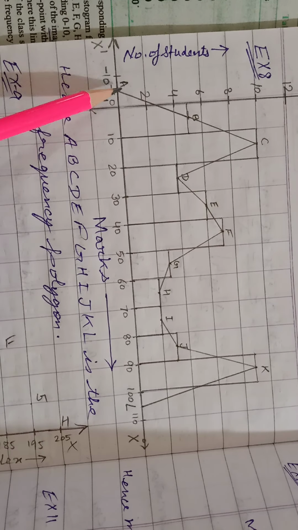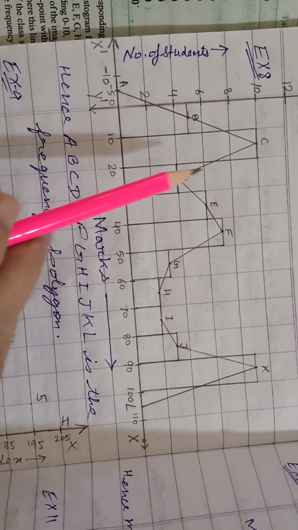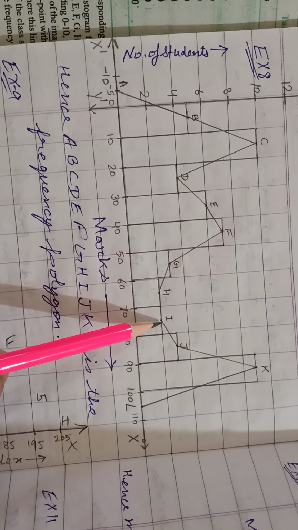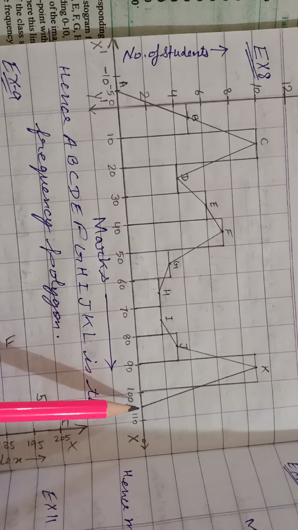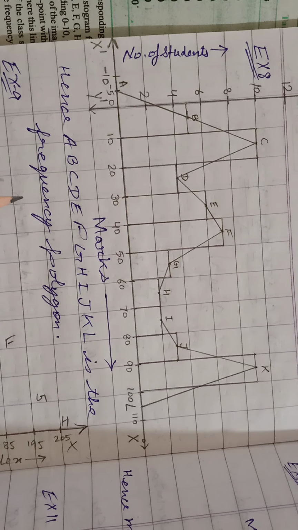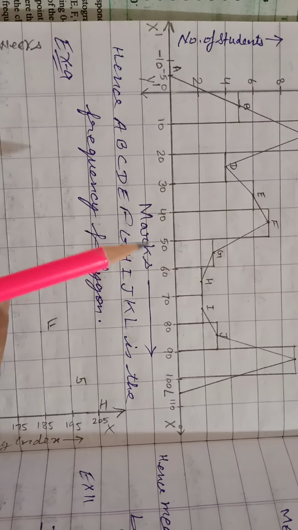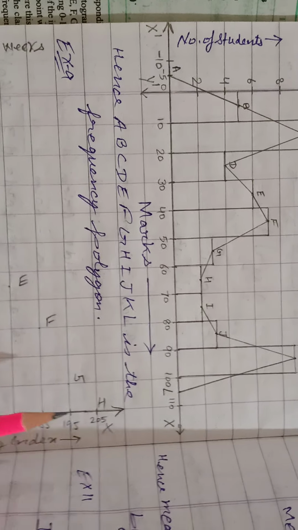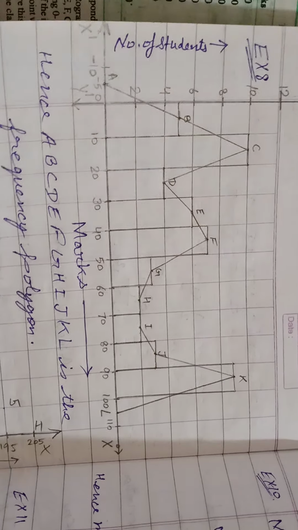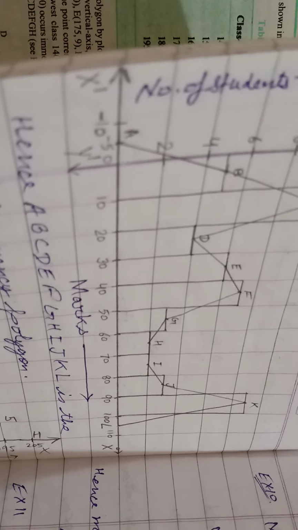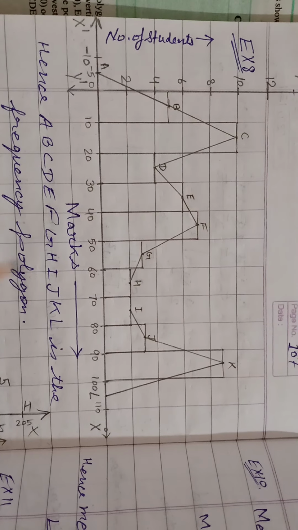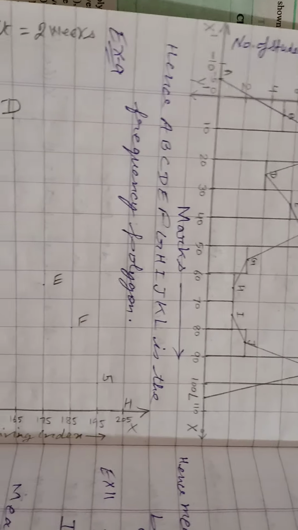Hence A, B, C, D, E, F, G, H, I, J, K, L is the required frequency polygon. This polygon is drawn with the help of a histogram. Now next, example 9, where we also draw a polygon, but without the help of a histogram.